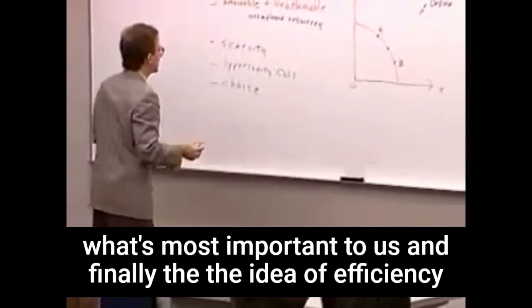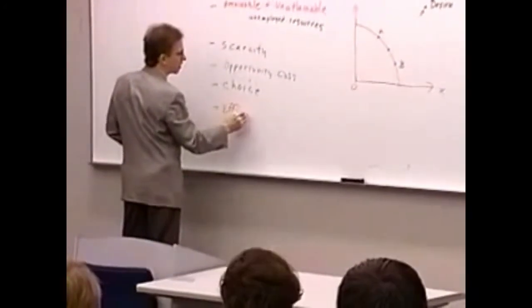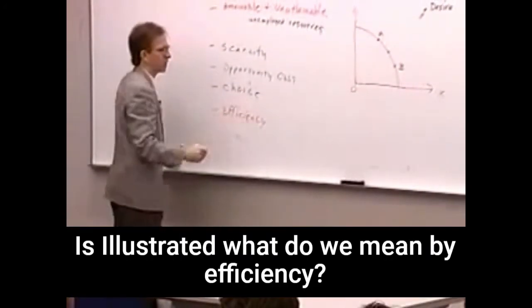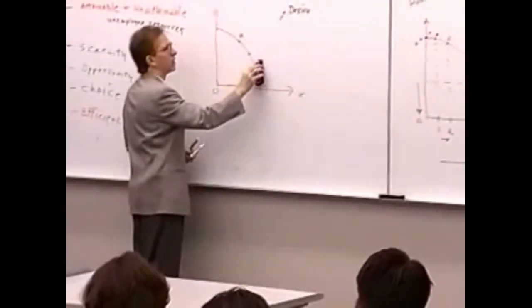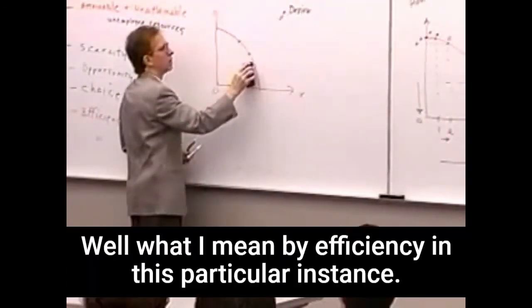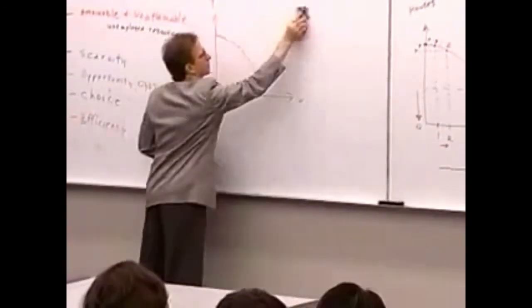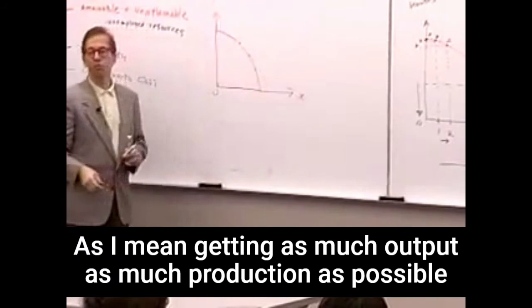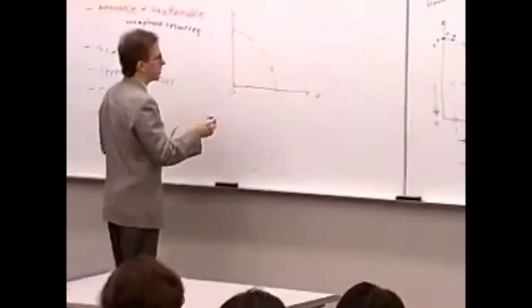And finally, the idea of efficiency is illustrated. What do I mean by efficiency? Well, what I mean by efficiency in this particular instance is getting as much output, as much production as possible from the resources available.